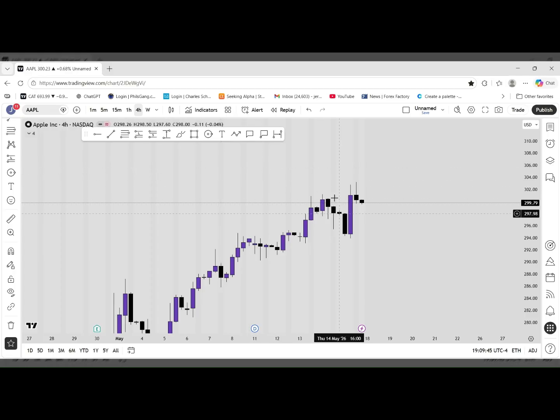What I like to do is put these circles to show where this is starting from, and go up to the highest high on this particular run. Then what I'm looking for is the first low.